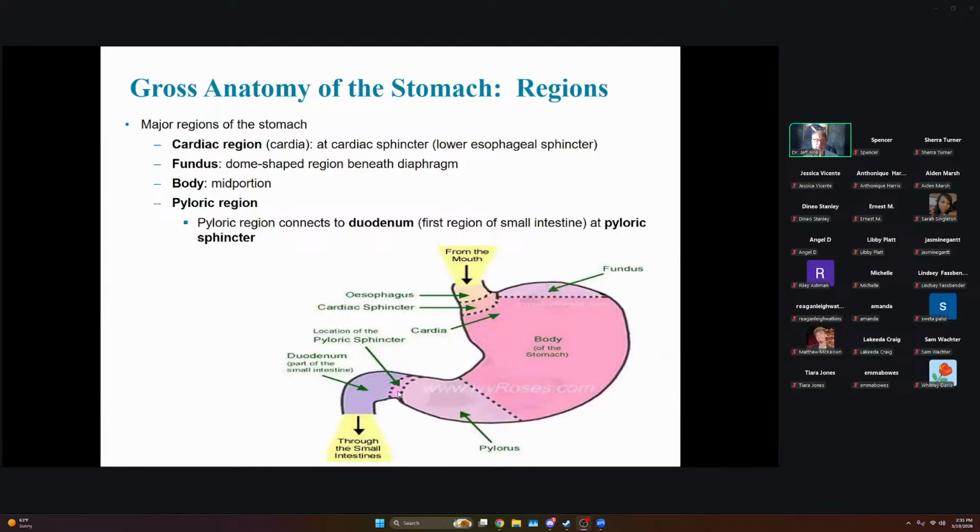So again, the anatomists kind of did us a favor here and named the sphincters, those valves, those intake ports and outlet ports of the stomach, after the region of the stomach that they emerge from. Okay, so the cardiac region is where the cardiac sphincter is. The pylorus region is where the pyloric sphincter is.